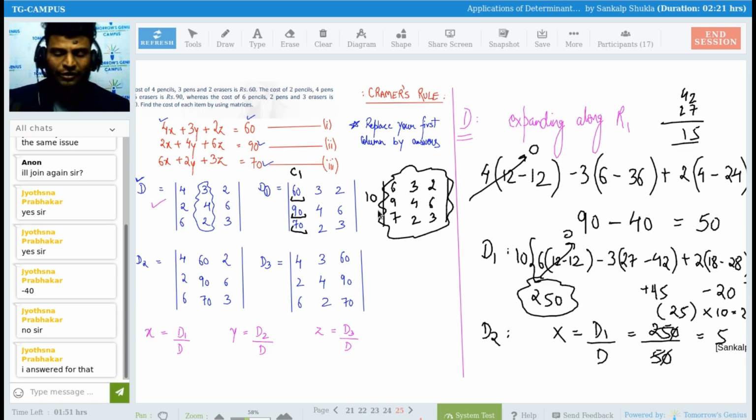So the value of X is 5. If you remember, the value of X was 5 in that case also, because these are the same equations that we are solving. The only thing that is different is the method, right? So guys, please find the value of D2 as well as D3, and then let me know the values of Y and Z also.